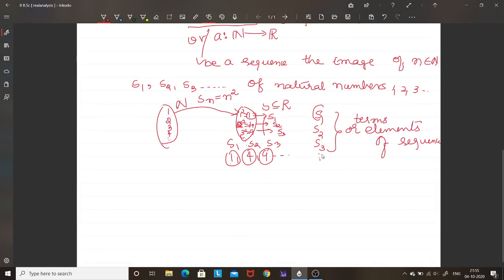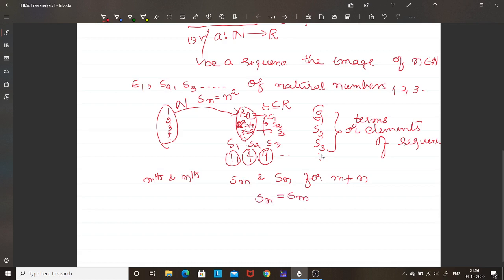And one more thing: you know what the nth term is. The terms sm and sn, for m not equal to n, are treated as distinct terms, even if sn is equal to sm.